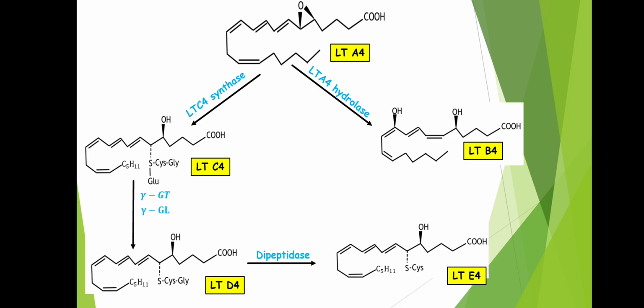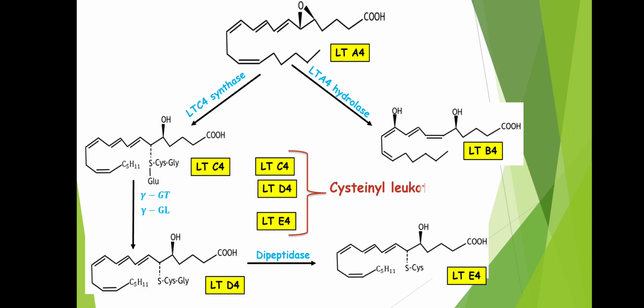Here also you should check that the subscript is 4, and this 4 denotes the number of double bonds. As you can see, LTA4, LTB4, LTC4, LTD4 and LTE4 all have 4 double bonds. Therefore the subscript of 4 is given to them. Next, the last 3 products, LTC4, LTD4 and LTE4, are collectively known as cysteinyl leukotrienes.